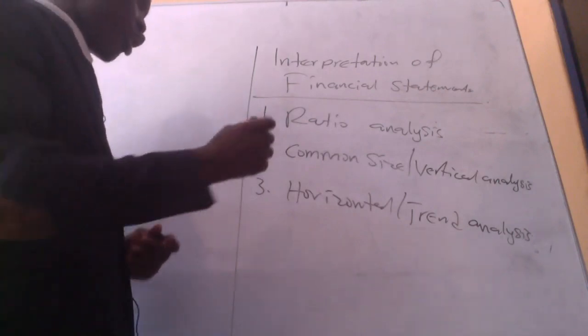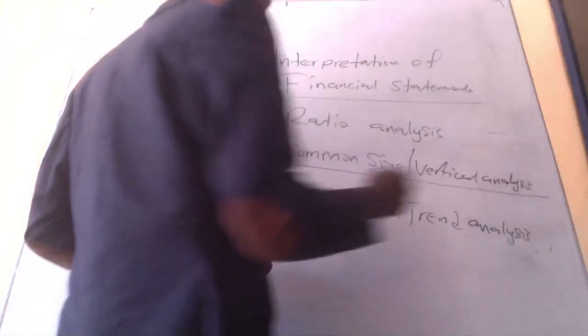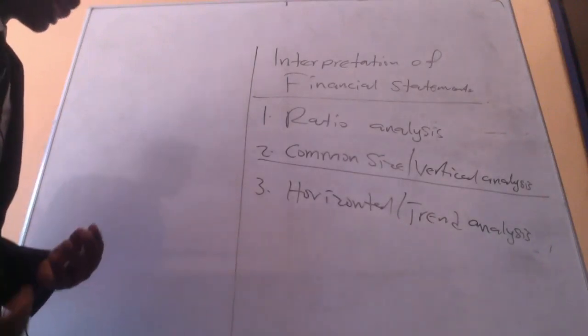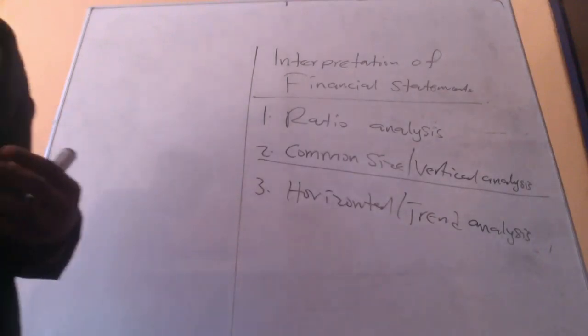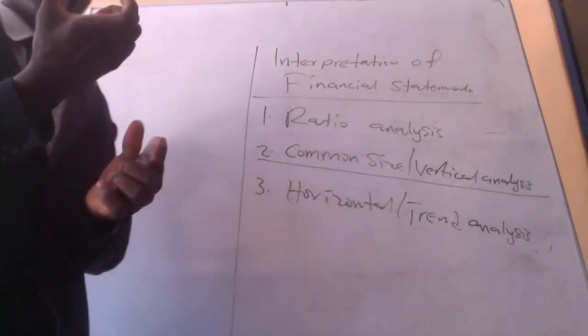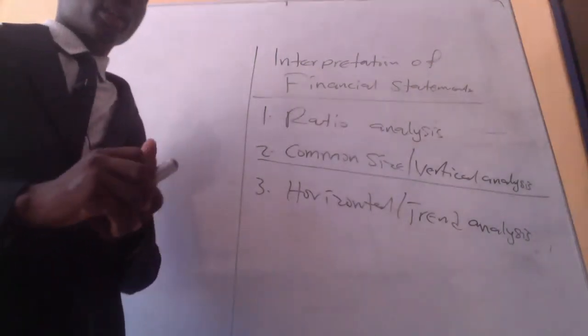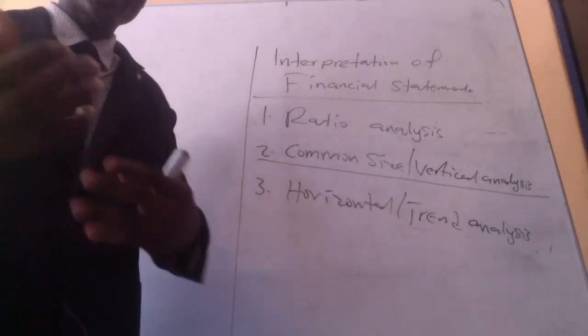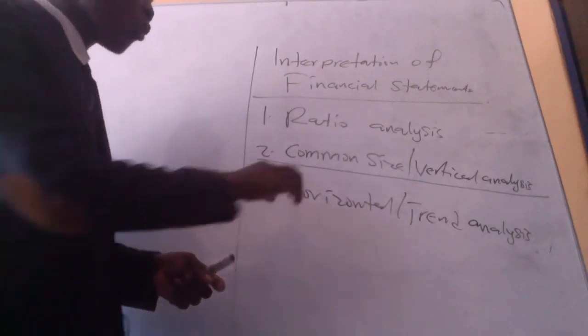Good. Common size analysis or vertical analysis. With the common size analysis, the interpretation or the analysis will be based on a common angle. Look at it from a common angle. So all the elements in a financial statement will be expressed as a percentage of a common base.